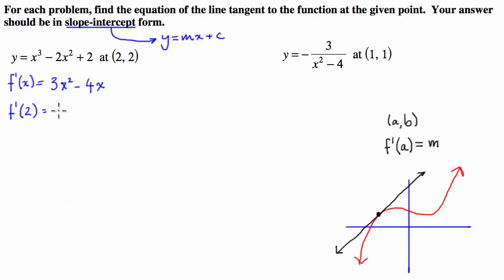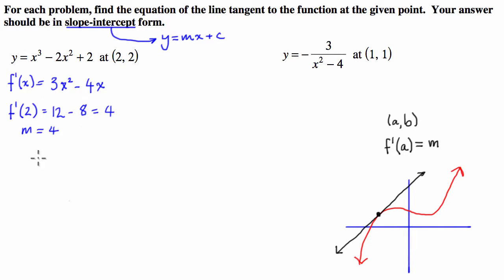That gives us 2 squared is 4, times 3 is 12, minus 4 times 2 is 8, which is 12 minus 8, which is 4. So m in this equation is equal to 4.